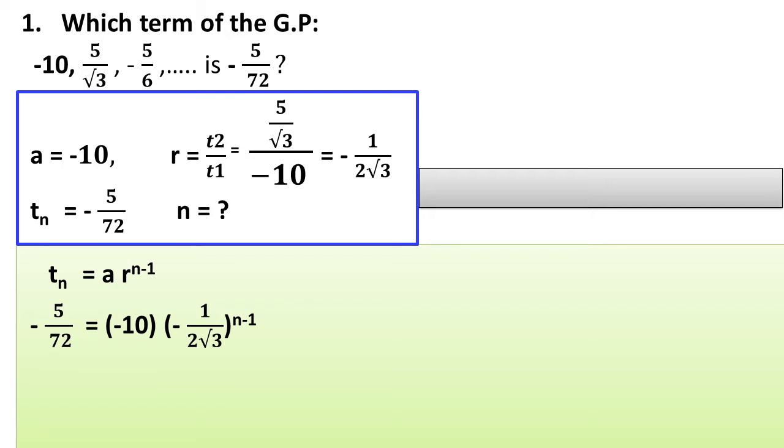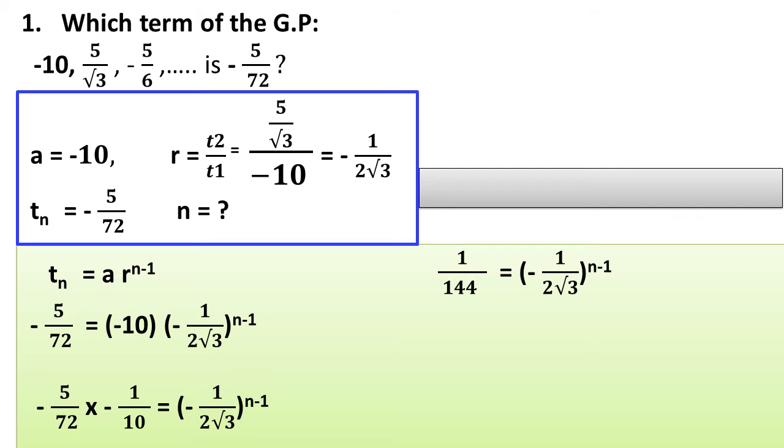In the next step, minus 10 is shifted to the left hand side, so it results as minus 5 by 72 into minus 1 by 10, which is equal to minus 1 by 2 root 3 to the power n minus 1. In the next step, after simplification, it results as 1 by 144, which is equal to minus 1 by 2 root 3 to the power n minus 1.